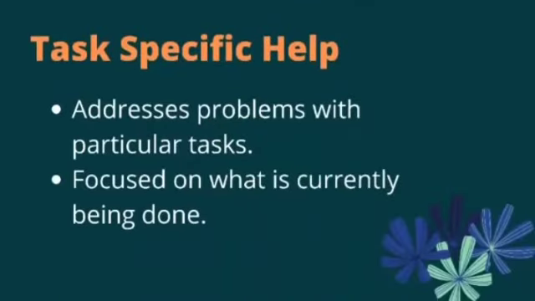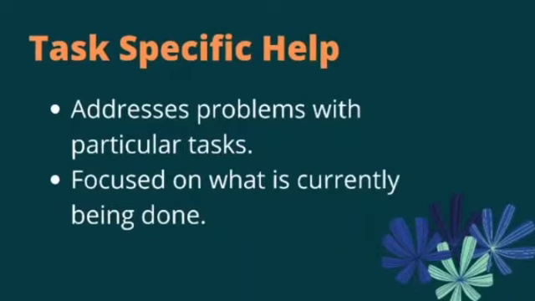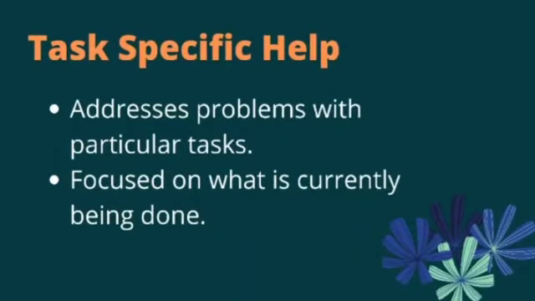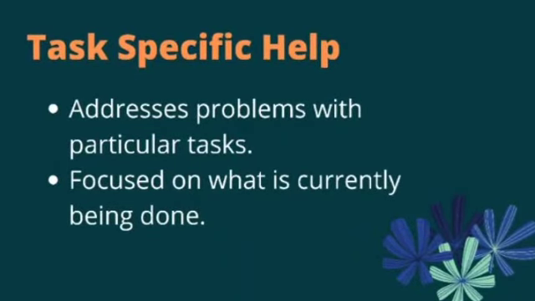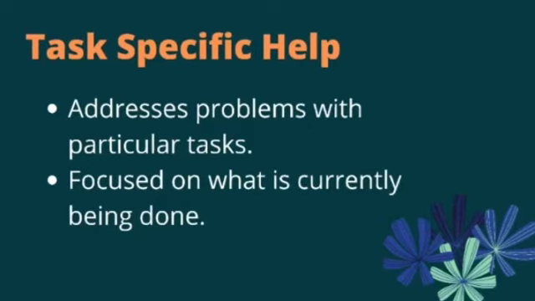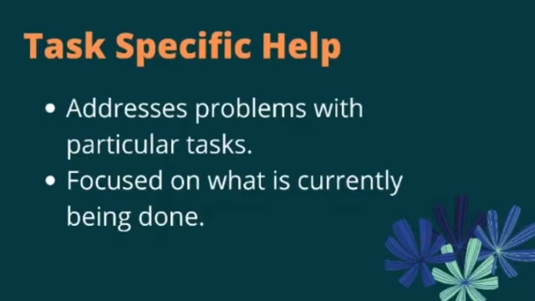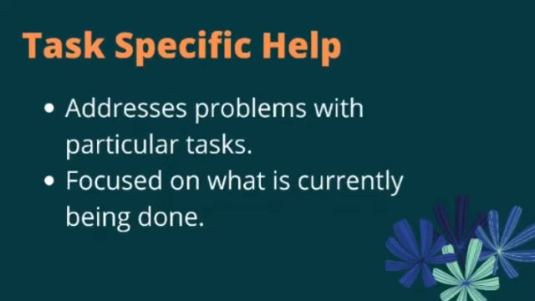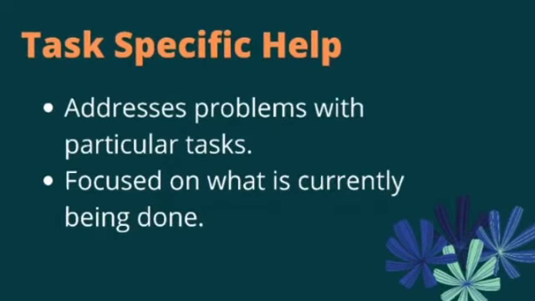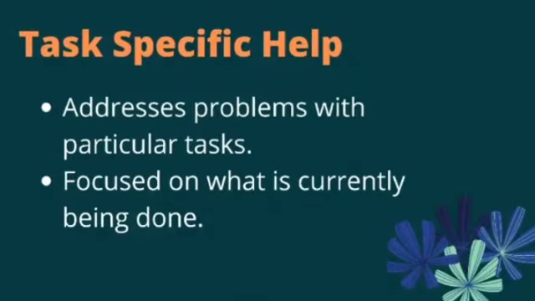Task-specific help. Task-specific help addresses problems with particular tasks. It focuses on what is currently being done. So, when the user has encountered a problem when performing a particular task, if the user is not sure how to apply the tool, this assistance is offered directly for what is being done.